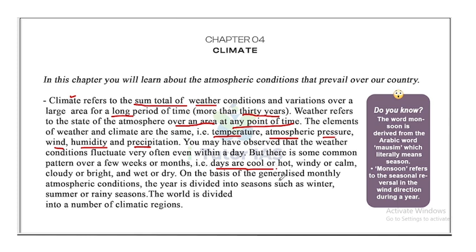On the basis of the generalized monthly atmospheric condition, the year is divided into seasons such as winter, summer and rainy seasons. The world is divided into a number of climatic regions.